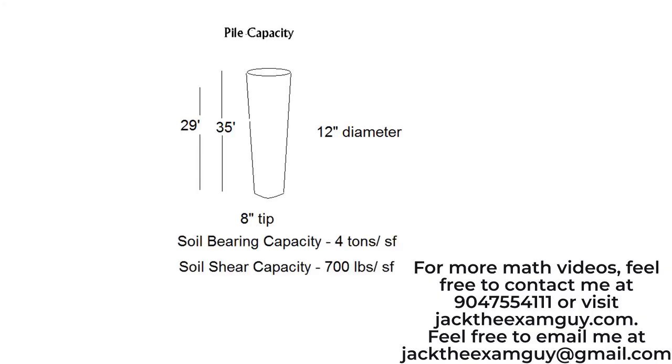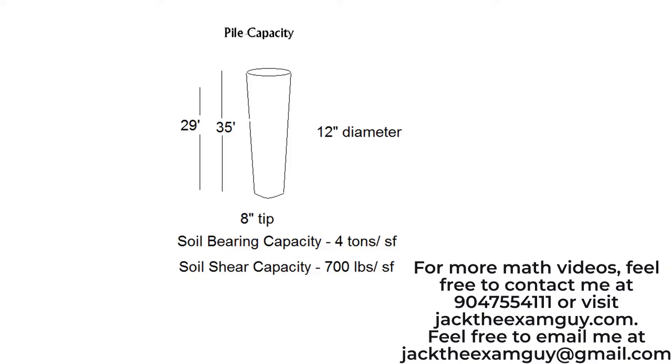The question told us our soil bearing capacity was 4 tons per square foot, also known as 8,000 pounds. You're going to need to know that. You're going to need to convert the tons to pounds at some point, because we have to be working all in the same units for anything to make sense. We've got to be working all in feet and all in pounds, and then we're going to come up with a number that actually means something.